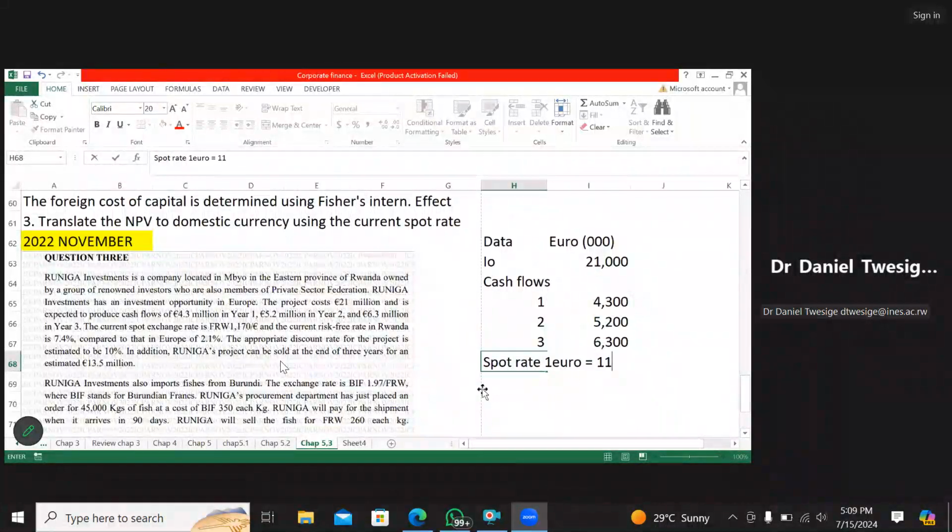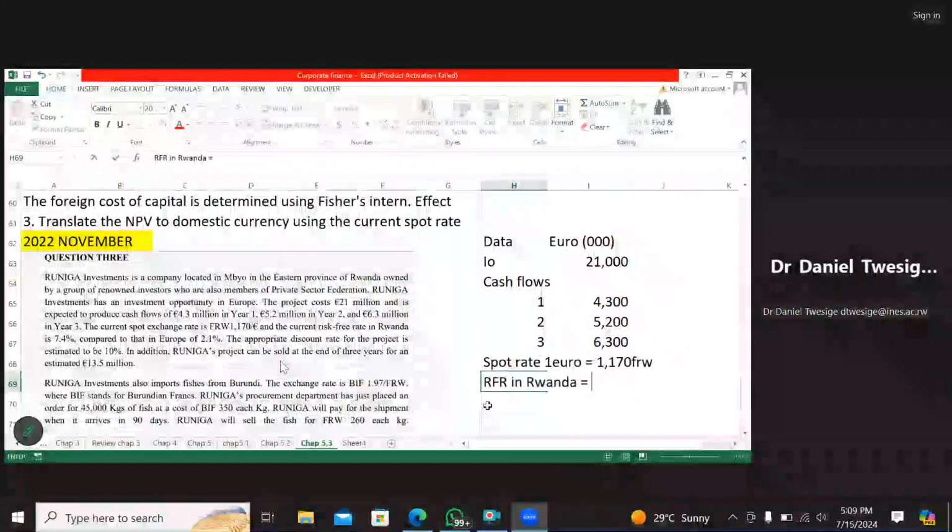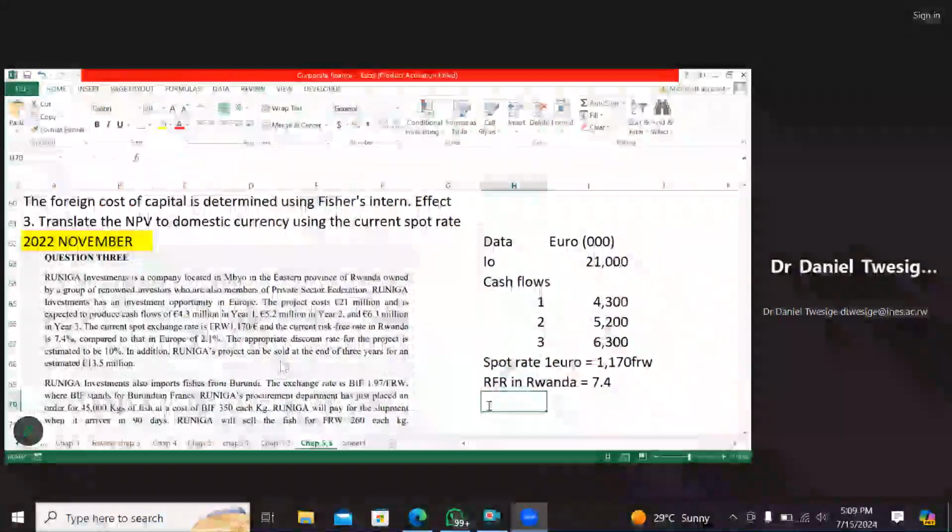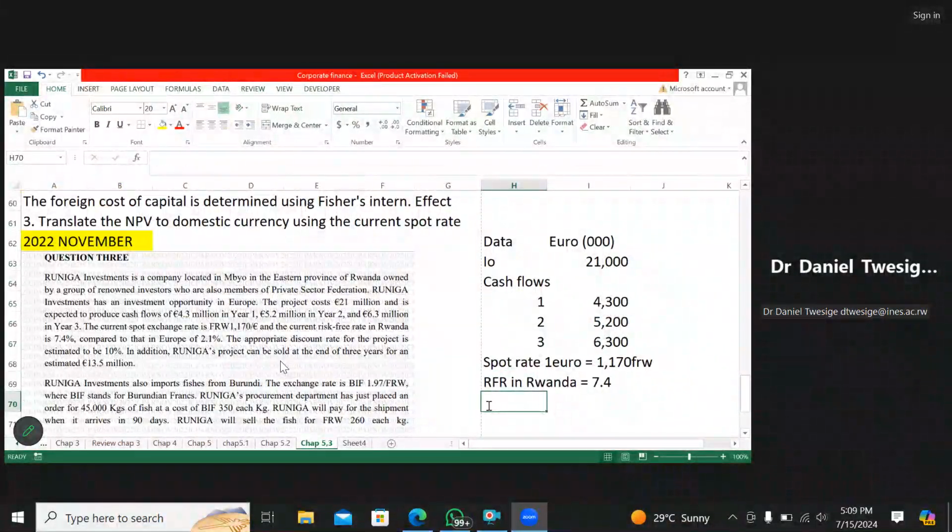And the risk-free rate in Rwanda is 7.4%, and the risk-free rate in Europe is 2.1%.